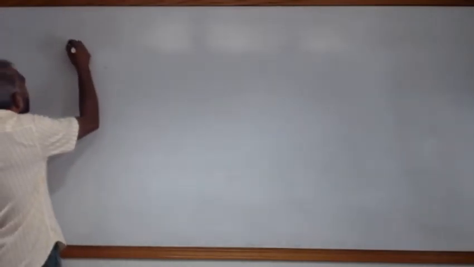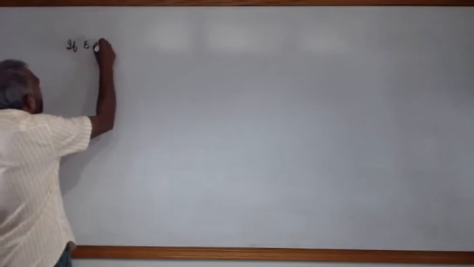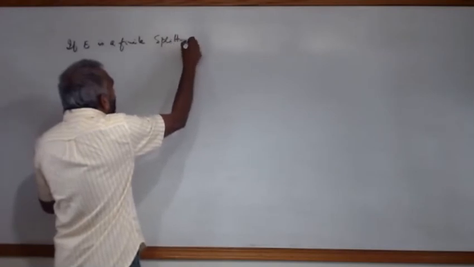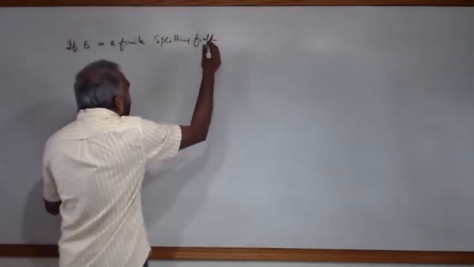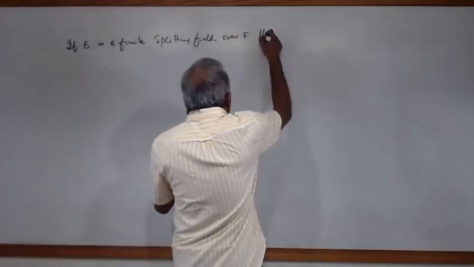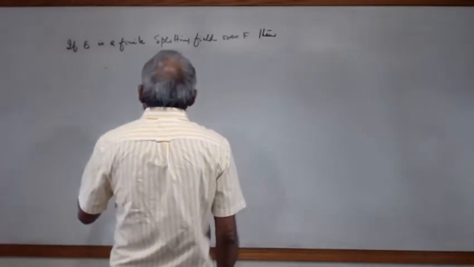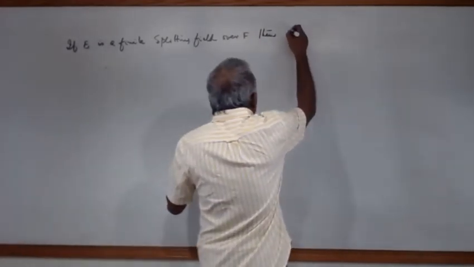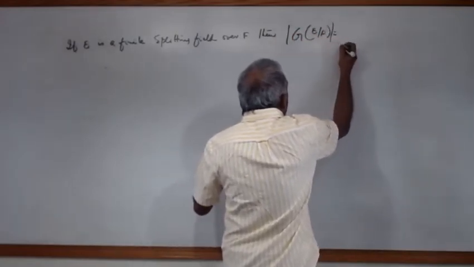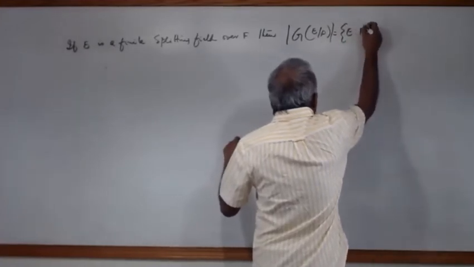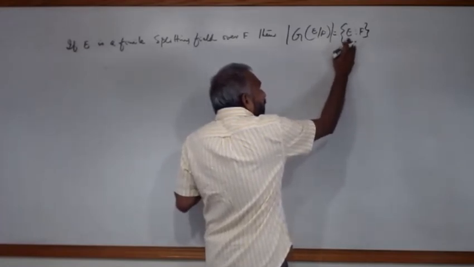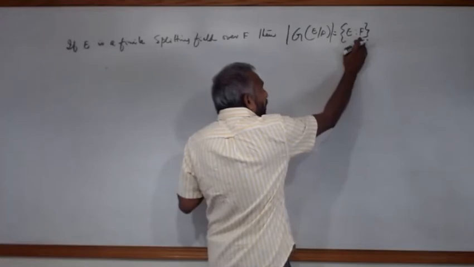So if E is a finite splitting field over F, then the order of the Galois group is equal to the index of E over F. This is the number of isomorphisms on E leaving F fixed.